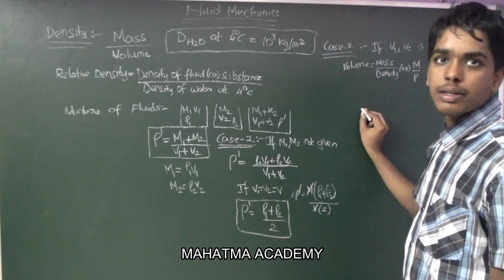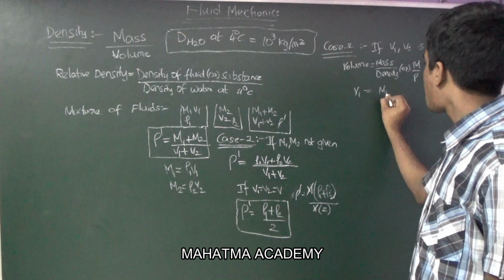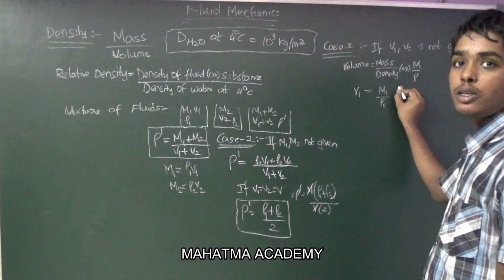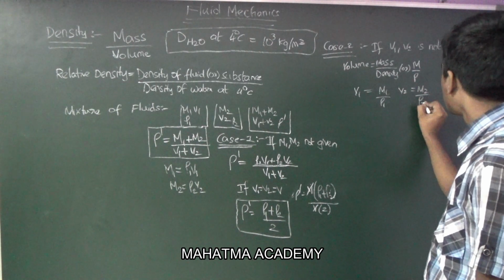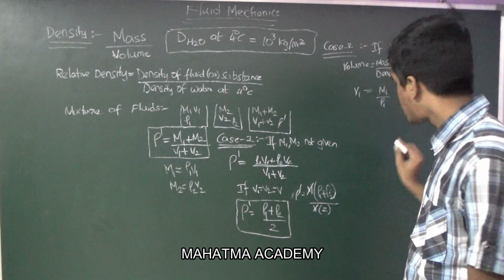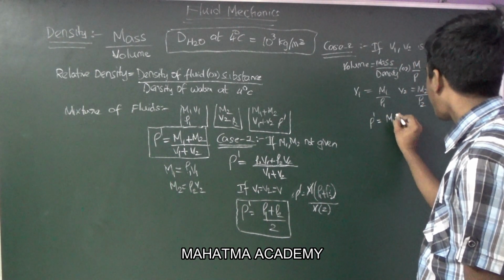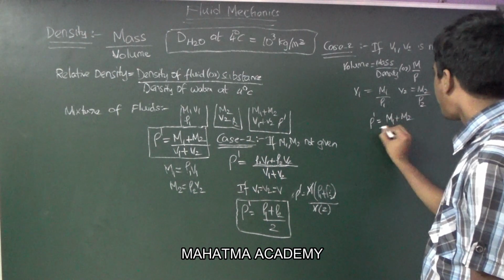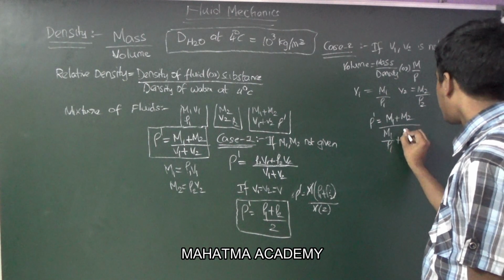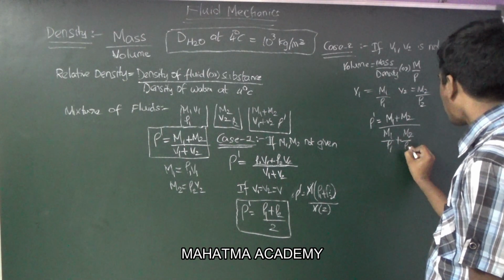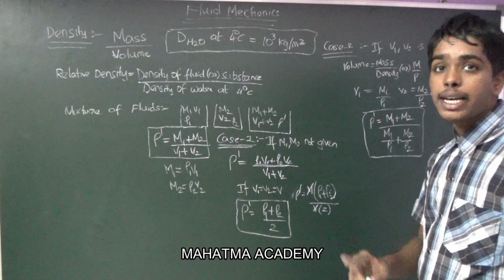For V1, m1 upon rho 1, for V2, m2 upon rho 2. Now the rho dash is equal to m1 plus m2 upon m1 by rho 1 plus m2 by rho 2. It is the formula.